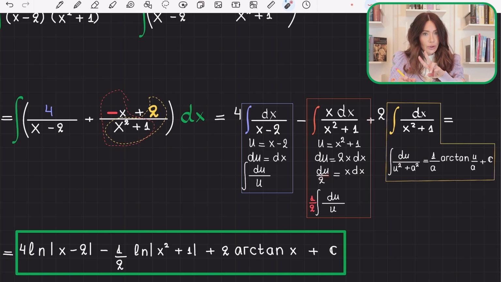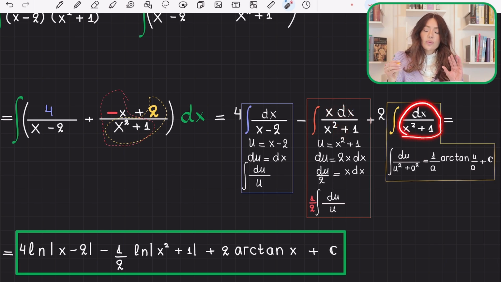So du over 2 equals x dx, which is something you already have in the numerator, okay? The only reason you're doing u substitution to this integral and not this integral is because the derivative of your denominator is sitting in the numerator there. They gave you x dx here. That's why.